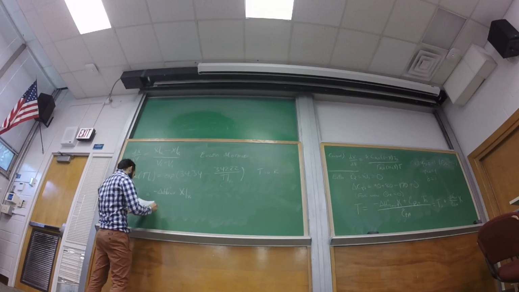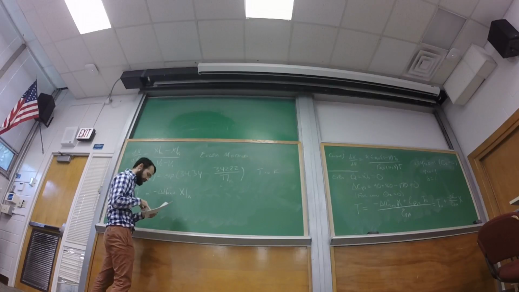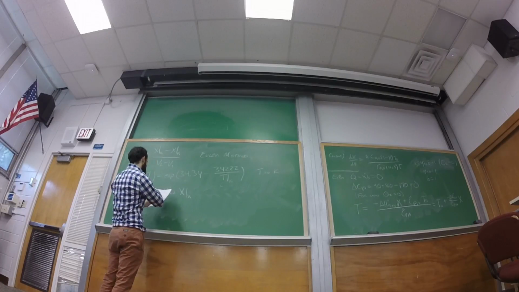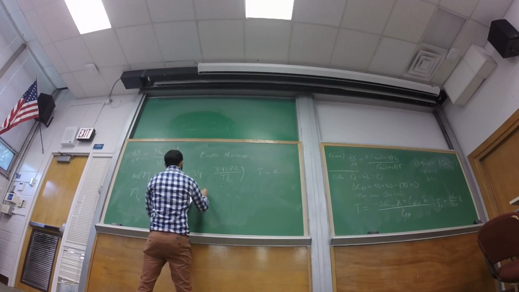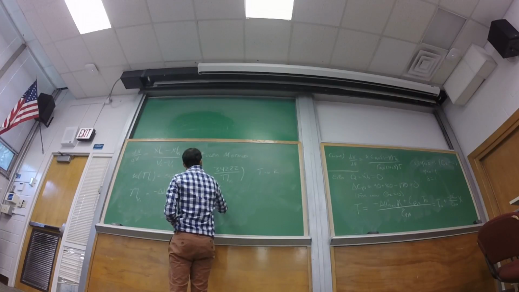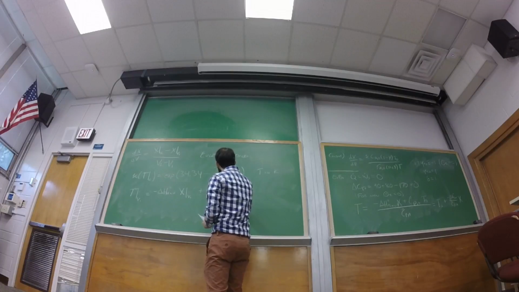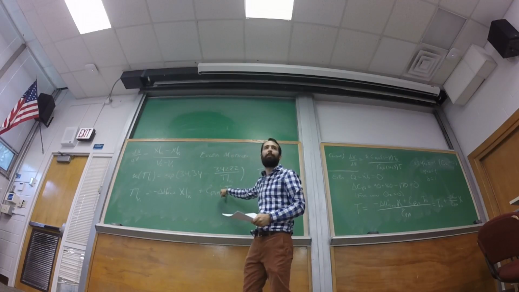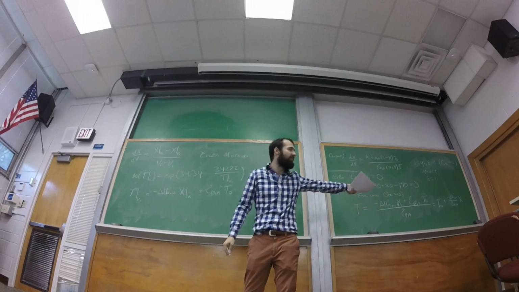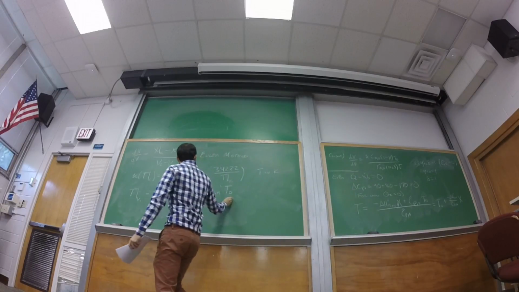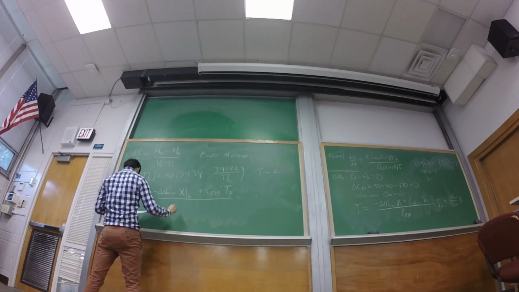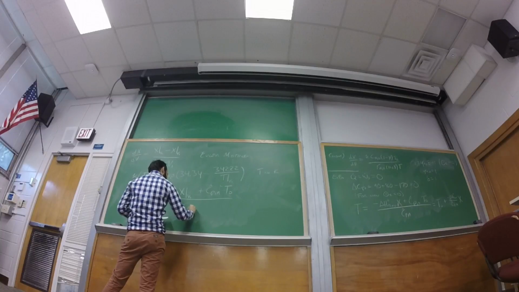So that would be why you can't see it. Where was I? Okay. Times the conversion at V1 plus the heat capacity of A times the inlet temperature. This temperature is not changing. This is always the inlet temperature. Divided by heat capacity of A.